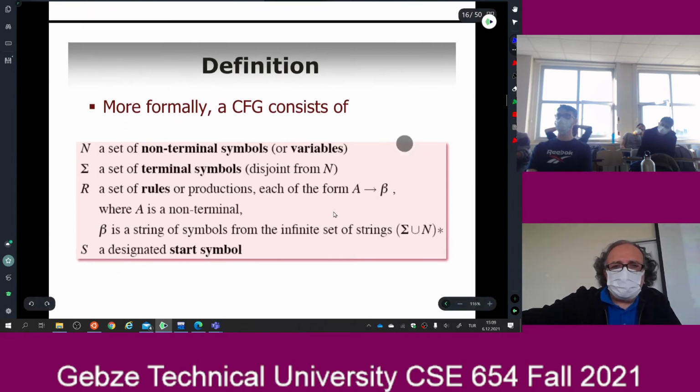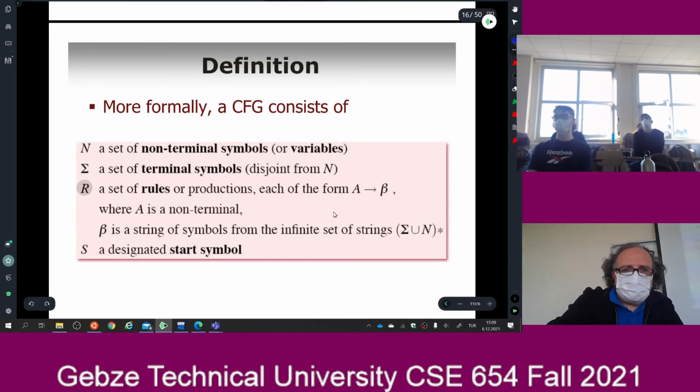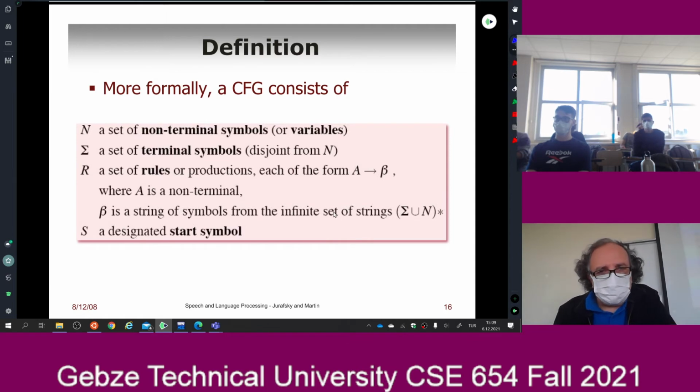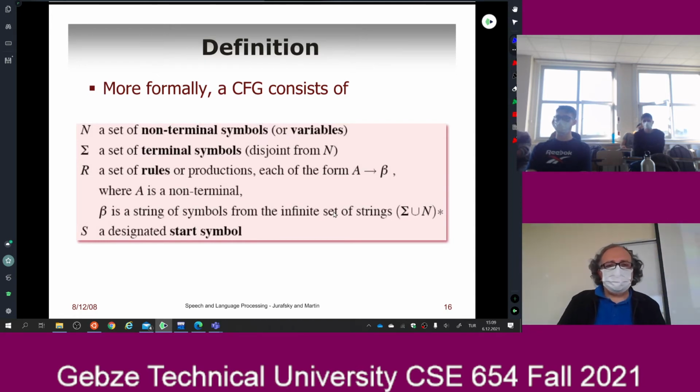So let's look at, okay, we already did that, the definition of the context-free grammar. For starters, non-terminal symbols. The non-terminal symbols depend on the language grammar, and it's going to change from grammar to grammar. And there is no single grammar defined for Turkish or English. It changes from expert to expert. And then we have the terminal symbols.